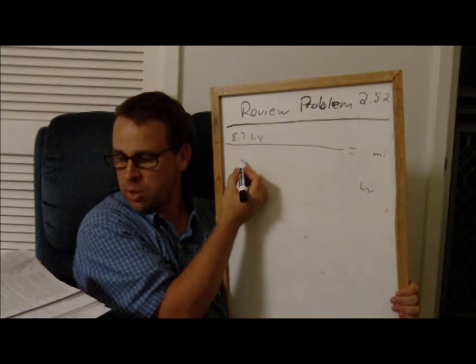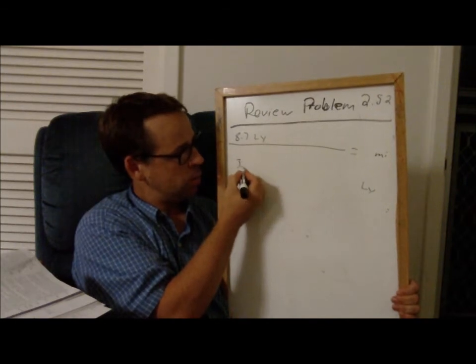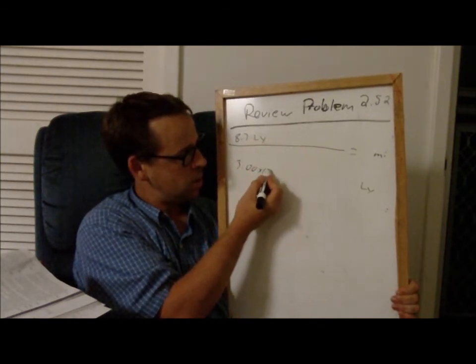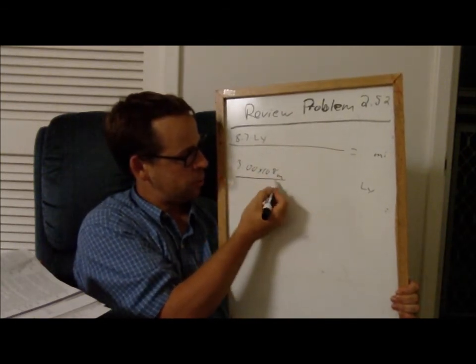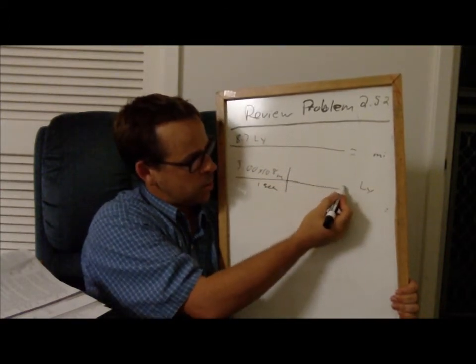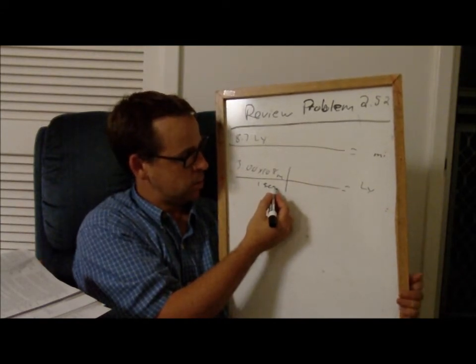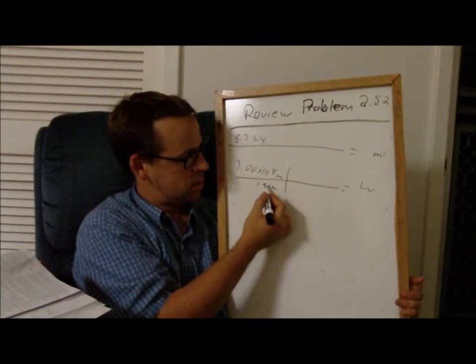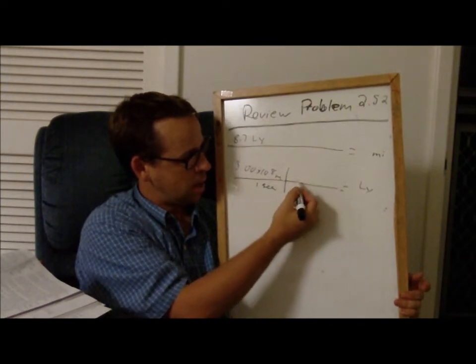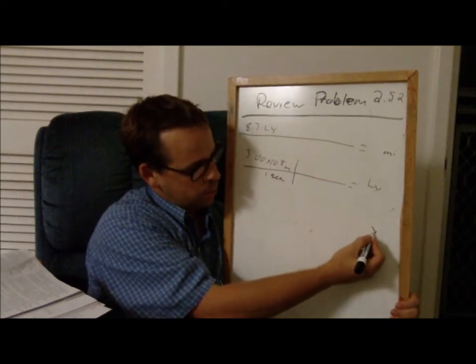And light travels at 3.00 times 10 to the 8th meters for every 1 second. And we want to know a light year. That's basically, we want to convert, or multiply this by how many seconds there are in a year. So we have to have a third one here for every year.